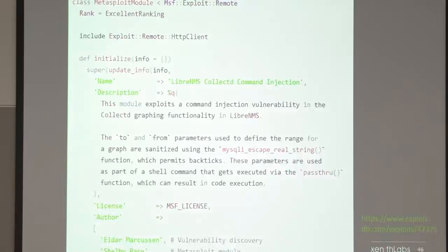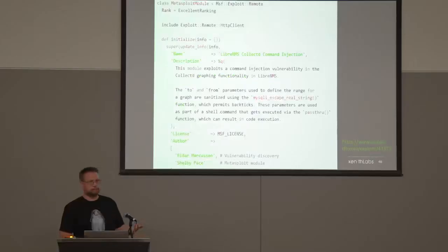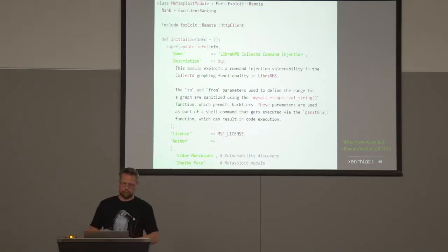There's a Metasploit module. This is for the collectd command injection. This is the authenticated command injection. It's not the pre-auth file create primitive. But again, this is the sort of stuff that can be attacked through an active user having the browser open.